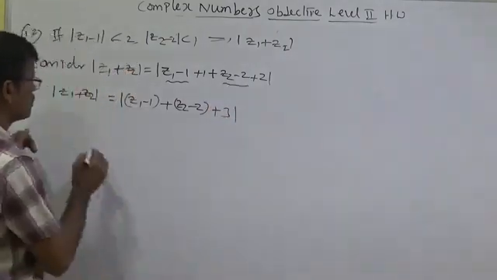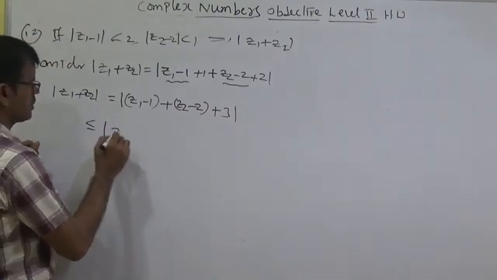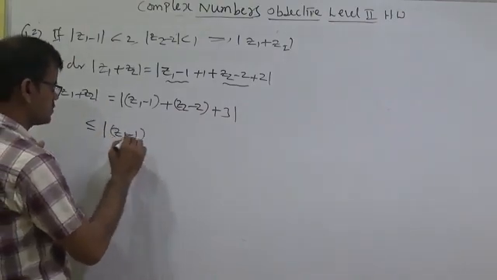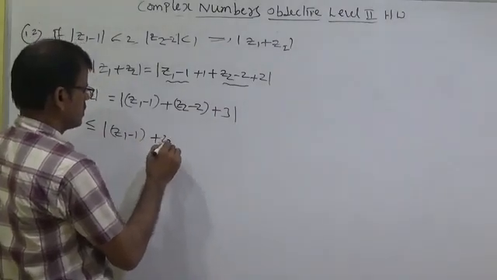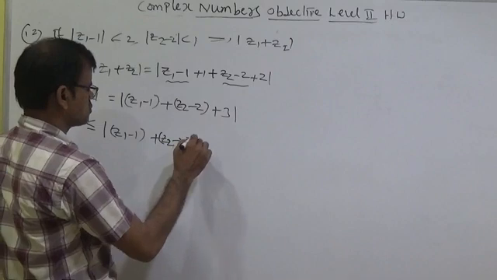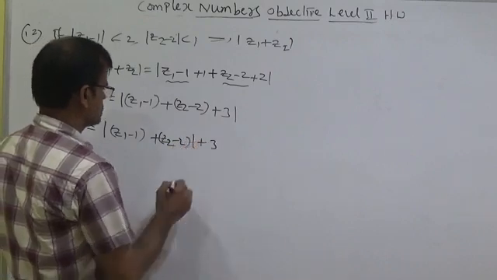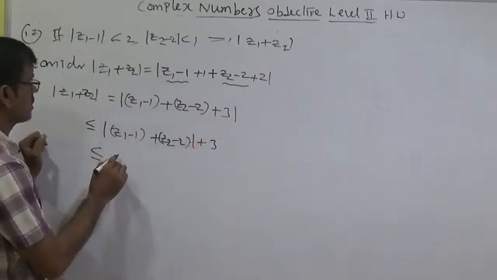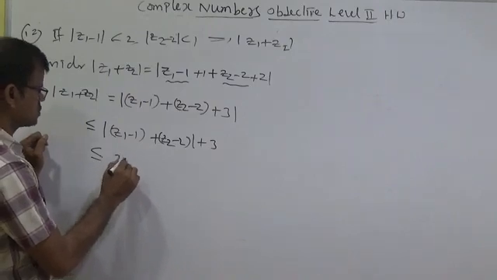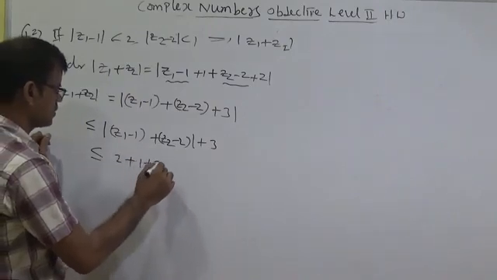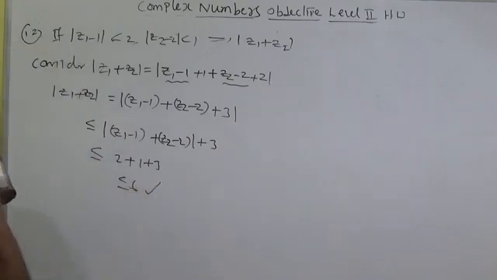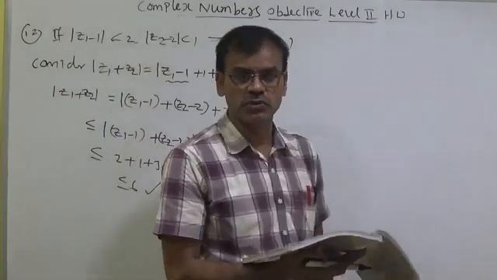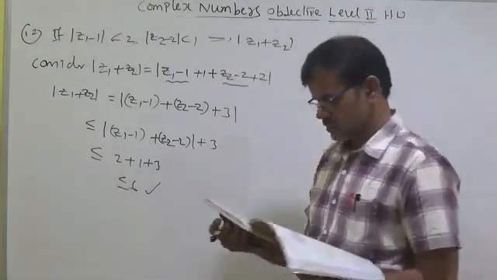According to triangle inequality, you can write this one as modulus of Z1 minus 1 plus modulus of Z2 minus 2 separately plus 3. So this is lesser than or equal to, this is 2 plus this is 1 plus 3. So total overall value is 6. The total modulus of Z1 plus Z2 value is less than or equal to 6.